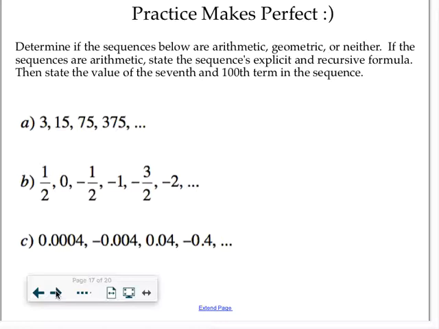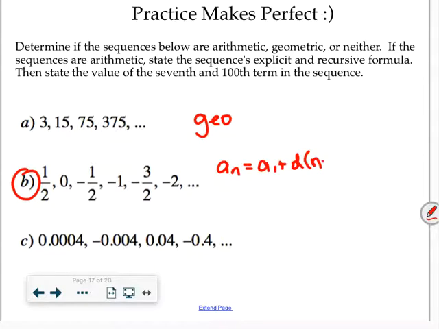All right, which one did you guys get as arithmetic? B. Okay. So letter A, which one was this? Geometric. All right, let's go ahead and do the explicit and recursive. You could do either formula. You can do A sub n equals A sub 1 plus D times n minus 1, or you can use the other one with A sub 0 plus n times D. Either way is fine.